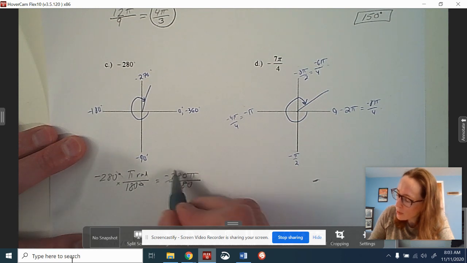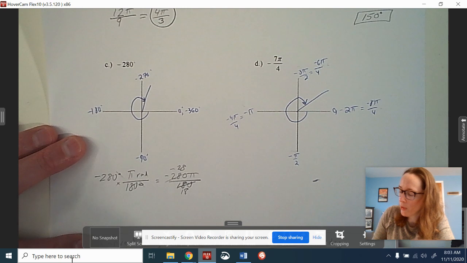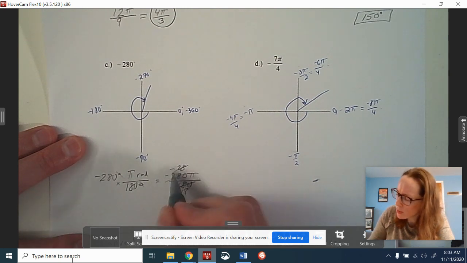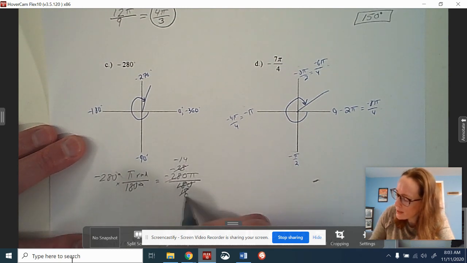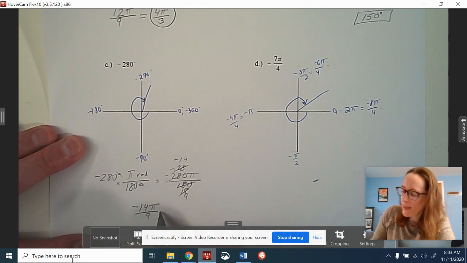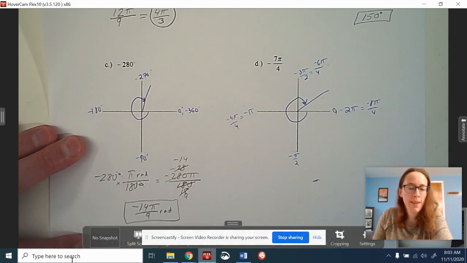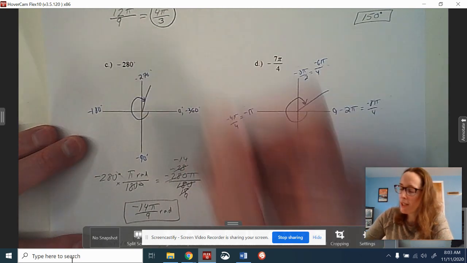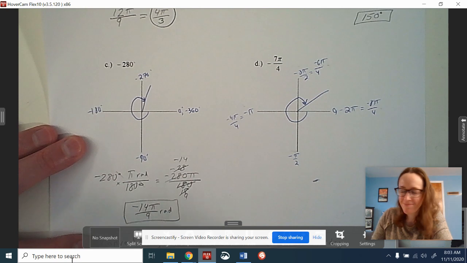I see 10 goes into both. You could just cross out the zeros, but I went ahead and rewrote. And now I see that 2 goes into both. And that's it this time. Negative 14 pi over 9 cannot be reduced any further. That's fine for the answer. If you want to write radians on there, that's great too. And that is negative 280 degrees in radians.